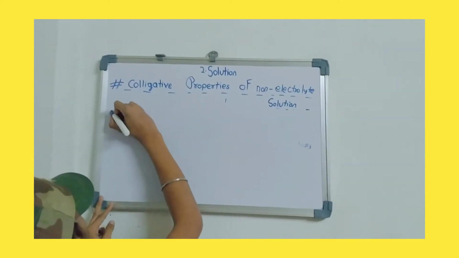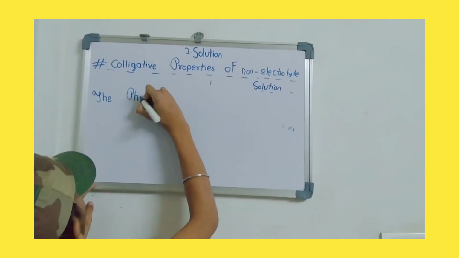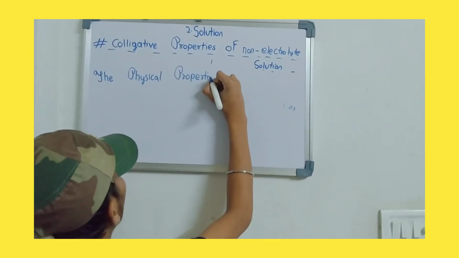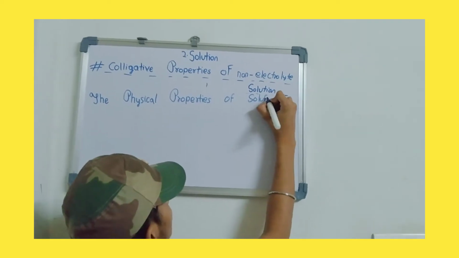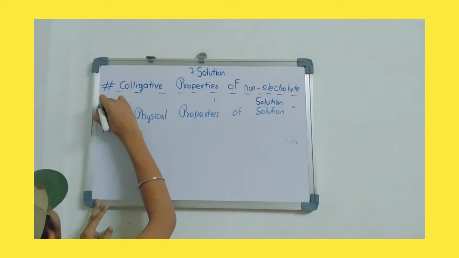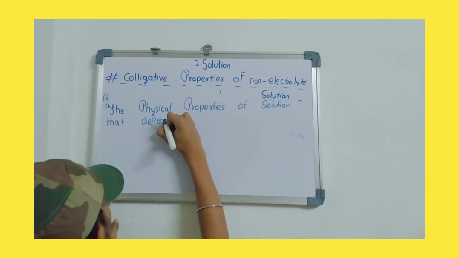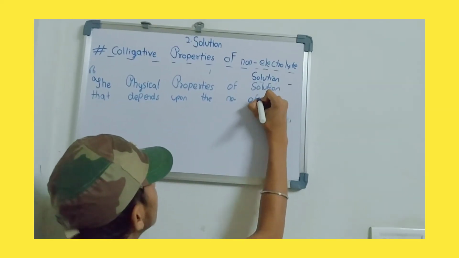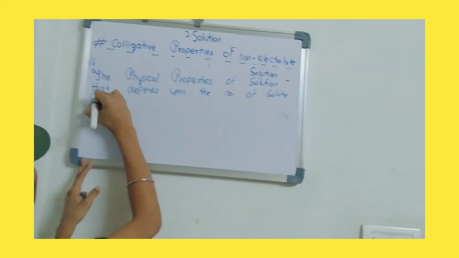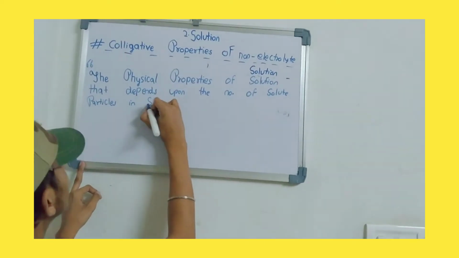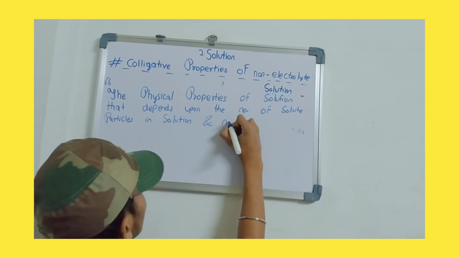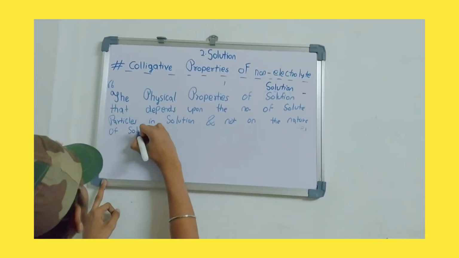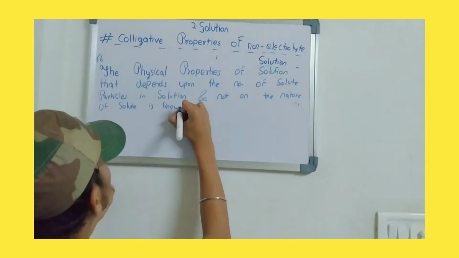The physical properties of a solution that depend upon the number of solute particles in solution, and not on the nature of the solute, are known as colligative properties.